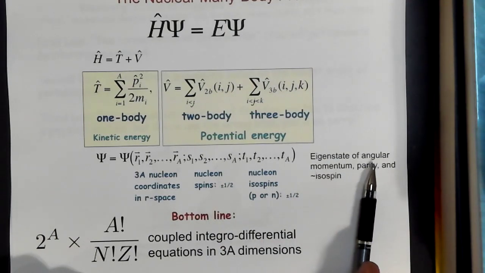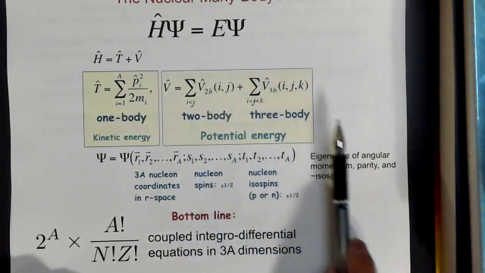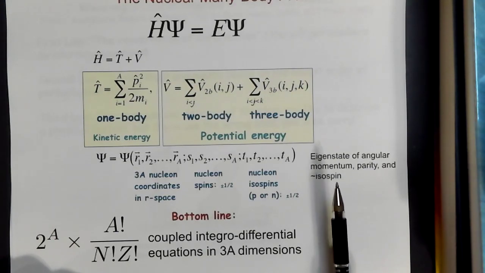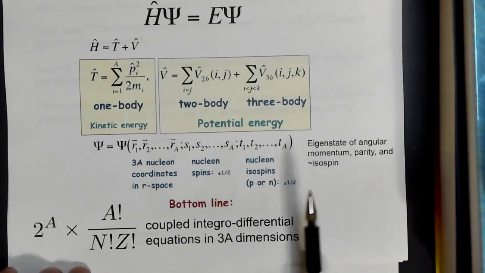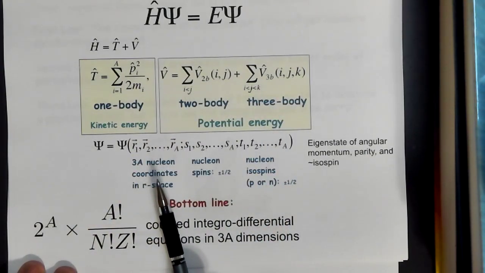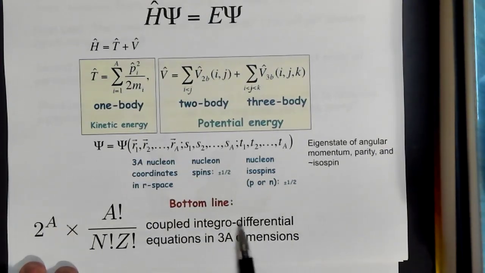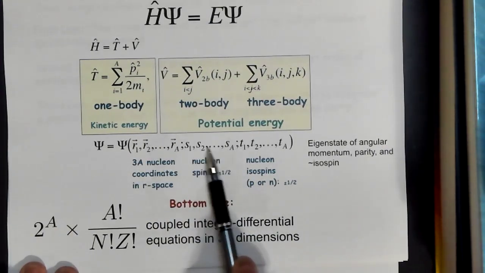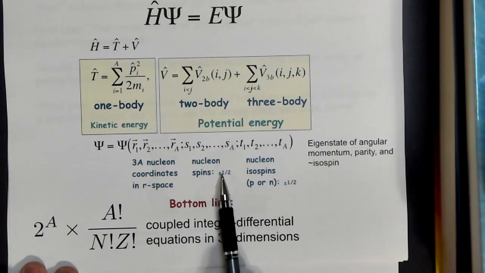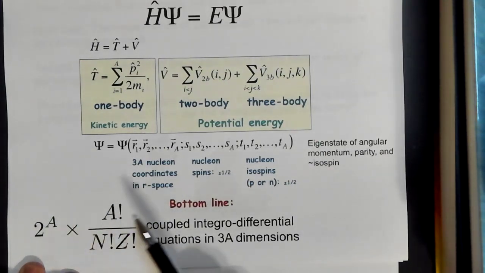And we will then try to solve for an eigenstate with a definite angular momentum, some parity, and some isospin. Now, there will be a lot of coupled equations that we'll need to solve. So there'll be a function of 3A dimensions, but they'll be coupled together with, now we have A spins, which can be plus or minus 1/2, so you can think of it as 2 to the A power.